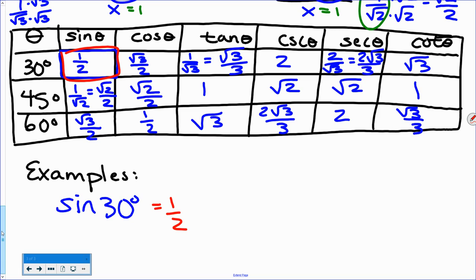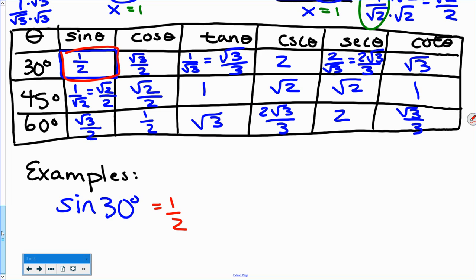You want to get familiar with how they look, and then eventually you start to know some of these. I was taught to memorize sine of 30 degrees, and after that, you can figure out a lot of the other ones. But you want to be familiar with them as soon as you can. You can use your table for right now when doing your homework.